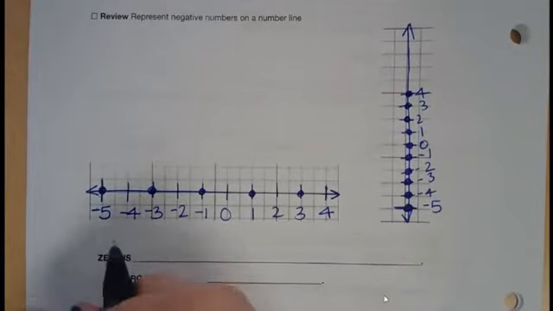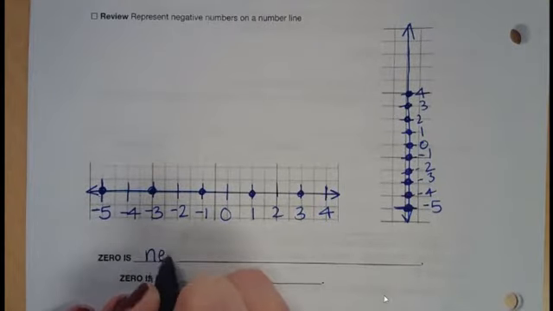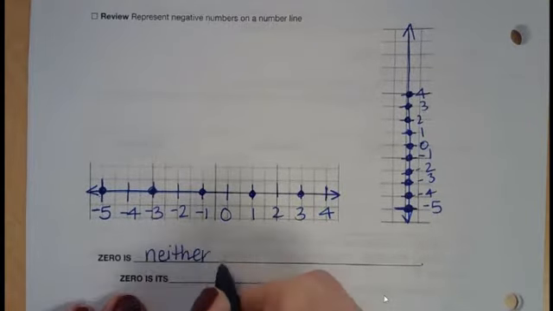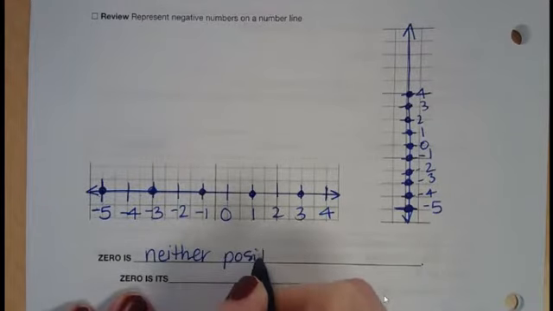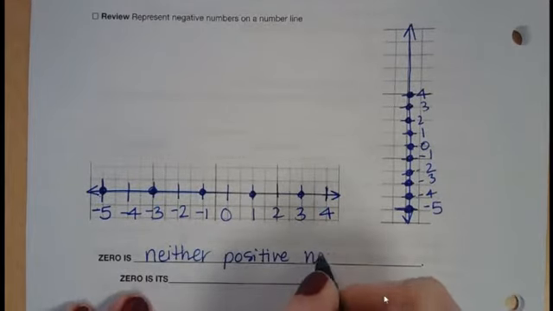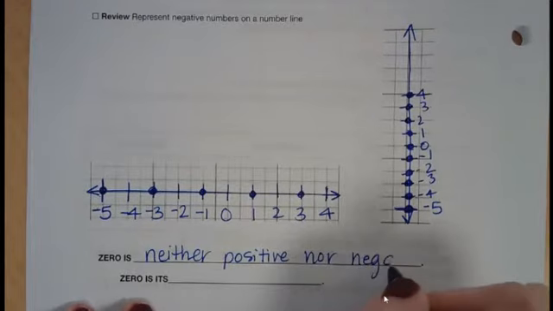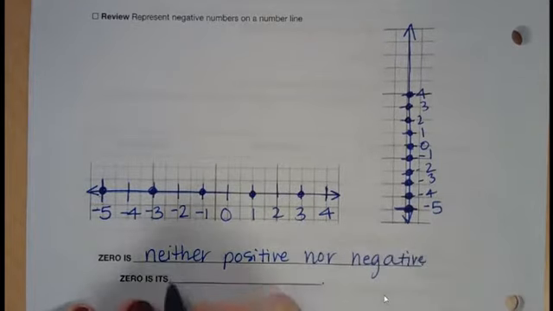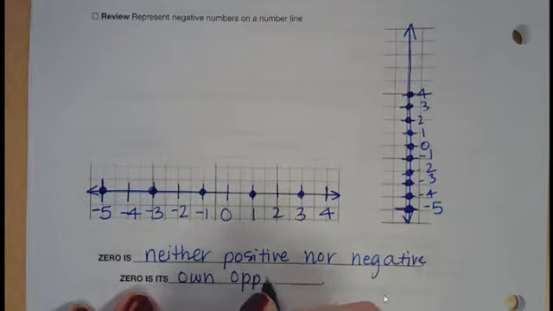Okay, remember 0 is neither positive nor negative. And 0 is its own opposite.